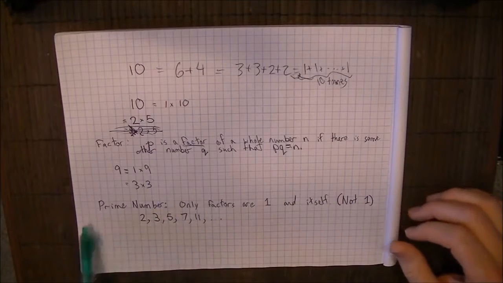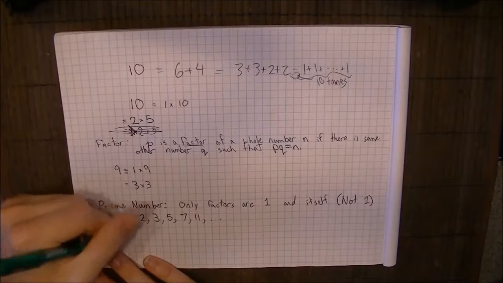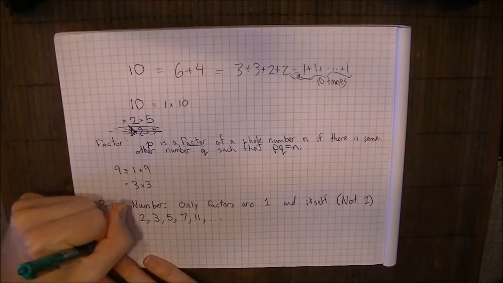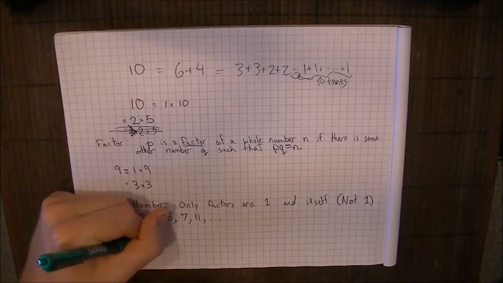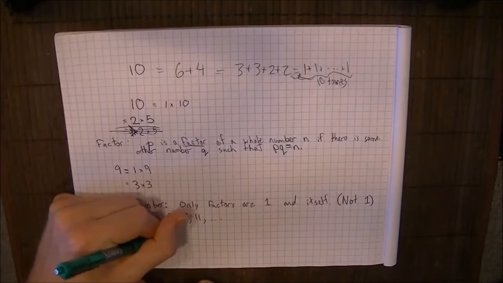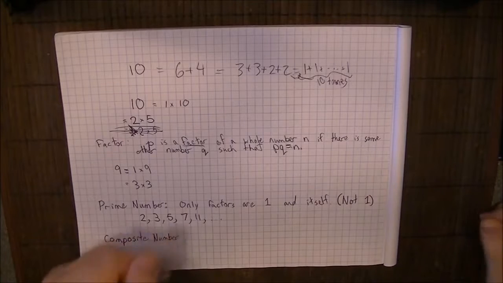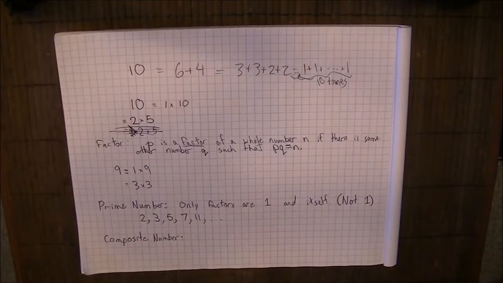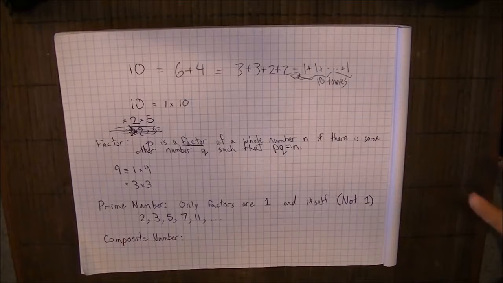Okay, but these numbers, every other type of number, which are called composite, so the composite numbers, those are the numbers that have more factors than prime numbers.